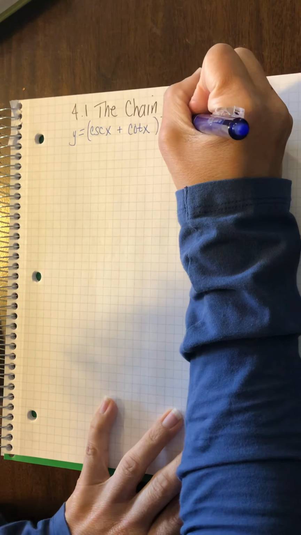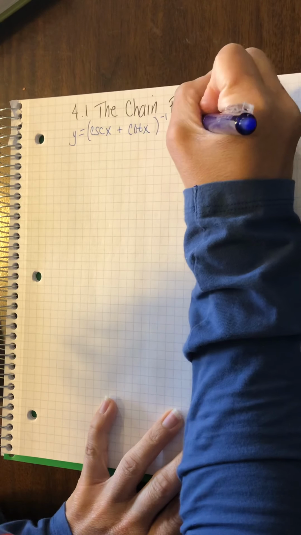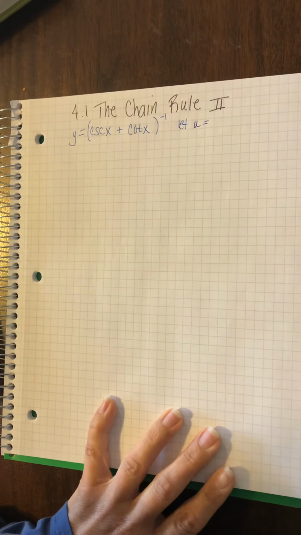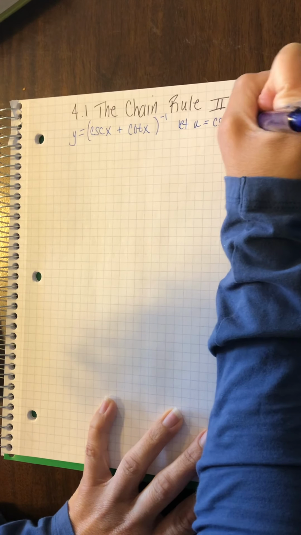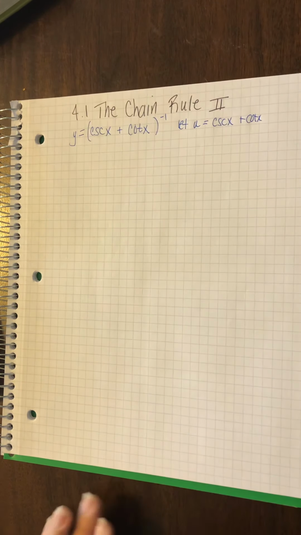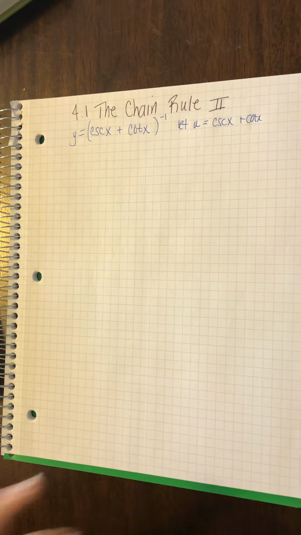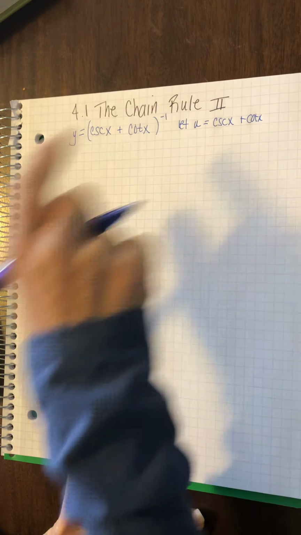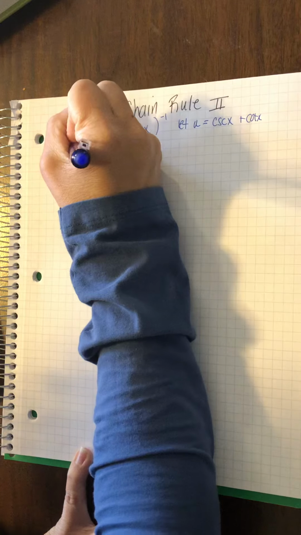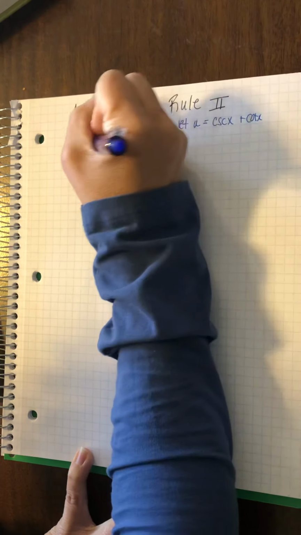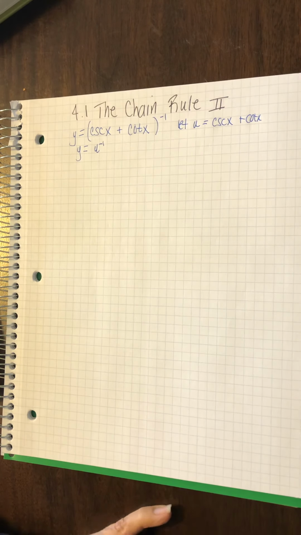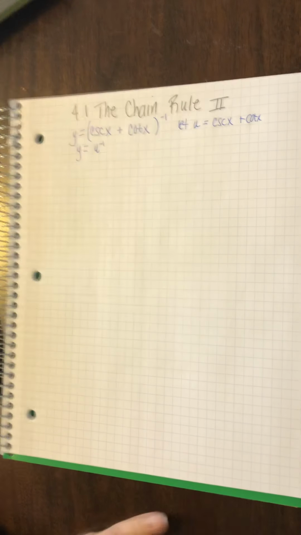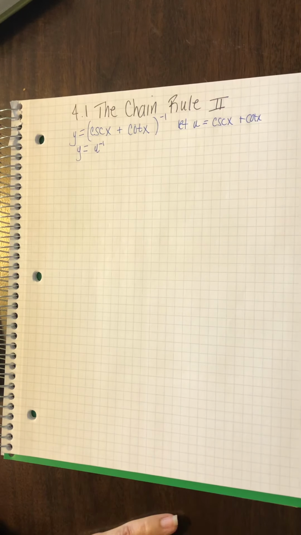So I'm going to say, let U equal the cosecant of x plus the cotangent of x. So if U is cosecant x plus cotangent x, then y is u to the -1. All right, so we're going to do a dy du, a du dx, a PQ, PL.